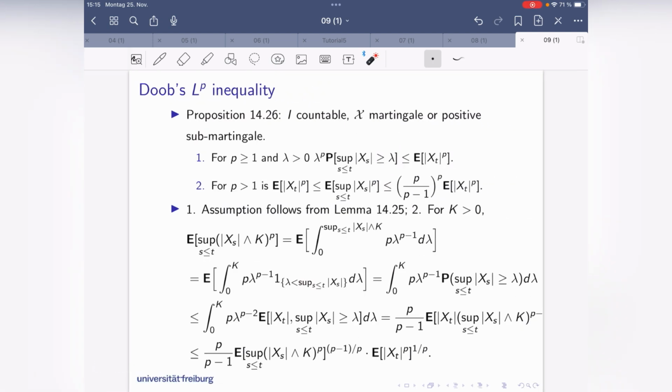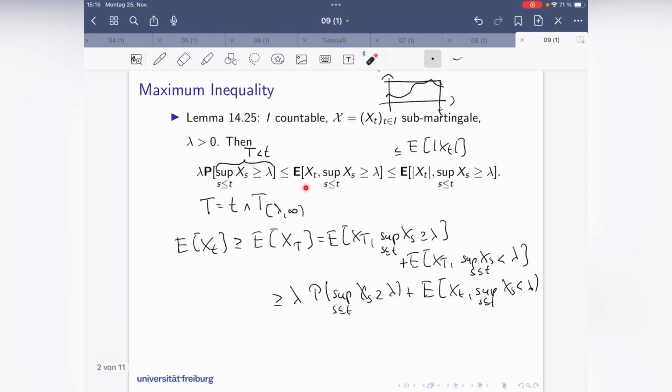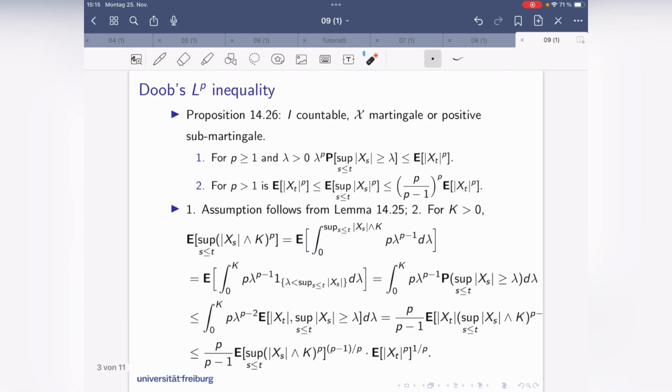There is another version of this, which I have on this slide here, where the first thing, well, we already did that, because if p is at least 1, then also the absolute value of X_s to the power of p is a submartingale, and I can use this on the submartingale to derive this here.